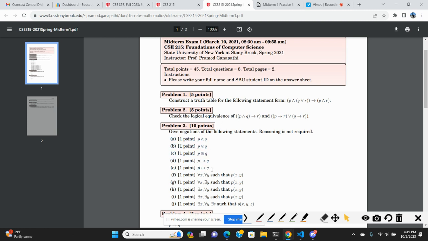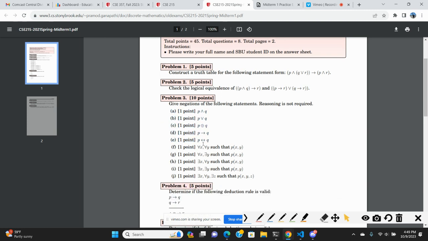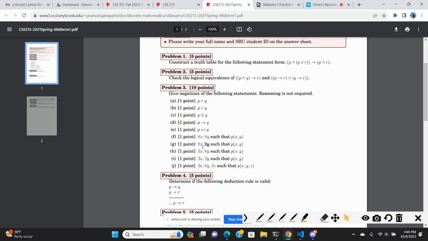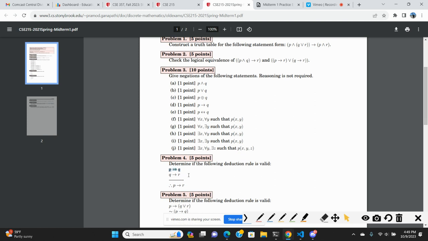And how to draw their truth tables and how to derive relationships, how to negate existential and universal quantifiers, how to determine whether logical arguments are valid or invalid. And remember, this is by critical rows. So that's problem 4 and 5. Critical rows of a truth table.